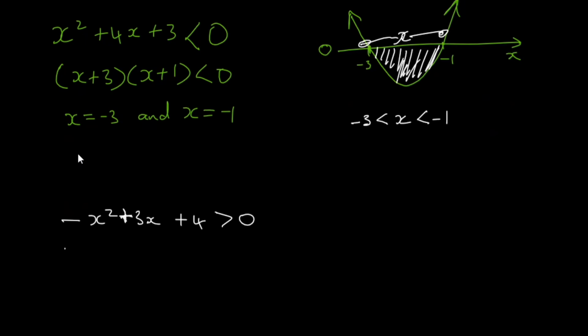Obviously, I think by now you will do the factorizing on your own, but this is how it should look. One of the x's is going to be a negative x, plus 4, and the other one is going to be a positive x, plus 1. So obviously we're going to have a positive 4x and a negative x, which is going to give us a positive 3x there. So that is greater than 0.